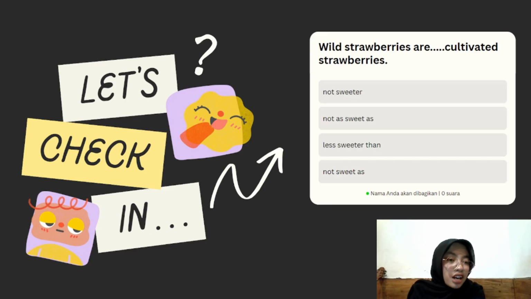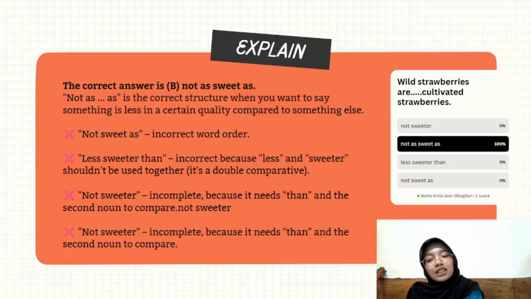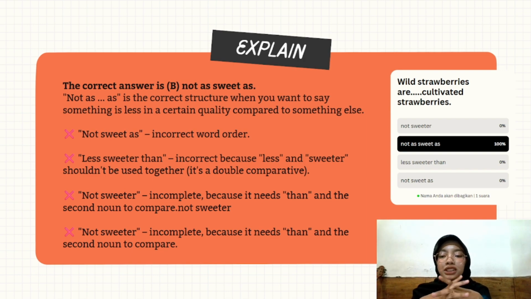Will strawberries or cultivated strawberries be sweeter? The correct answer is B, not as sweet as. Not as sweet as is the correct structure when you want to say something is less than a certain quality compared to something else. The other options are incorrect.